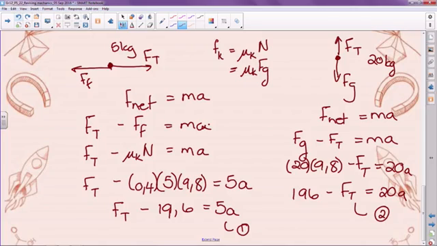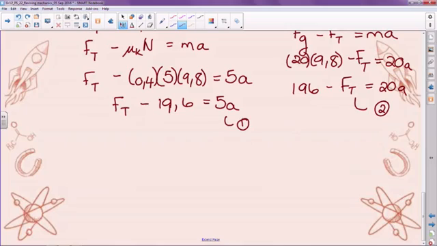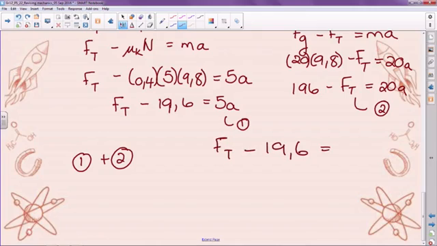The next mark is being able to solve for a. How you do this is up to you. In my own school, a colleague and I teach this very differently, but I tell my learners to always add the two equations. So you go Ft minus 19,6 equals 5a, and then 196 minus Ft equals 20a.